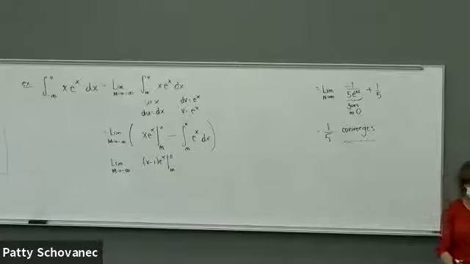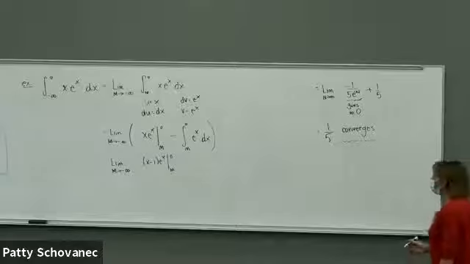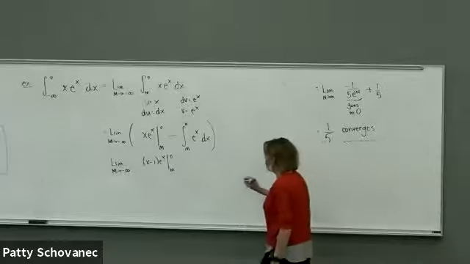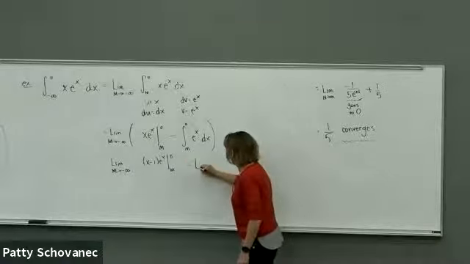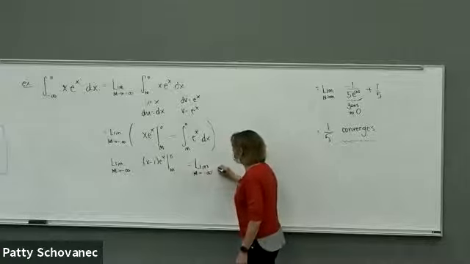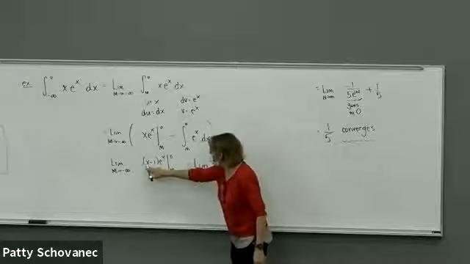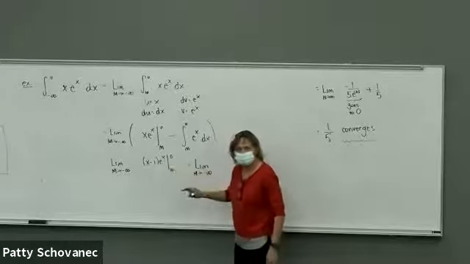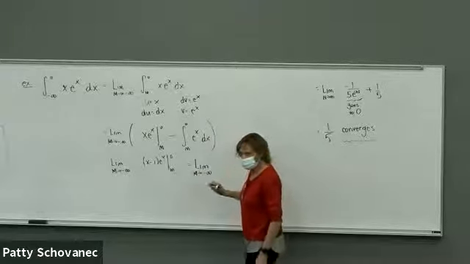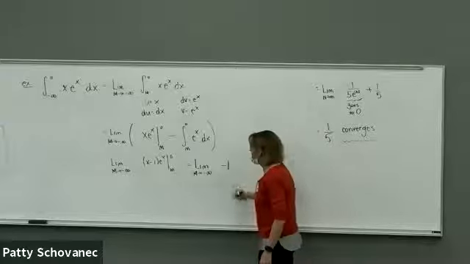It'll help me take the limit if I've got things written as a product as opposed to a difference. Okay, we'll put the 0 in for each x first, and then we'll put the m in. When x is 0, I have negative 1 times e to the 0. e to the 0 is 1, so we just get negative 1.